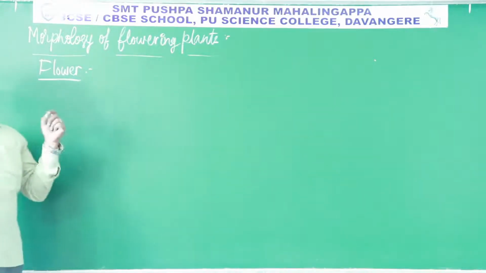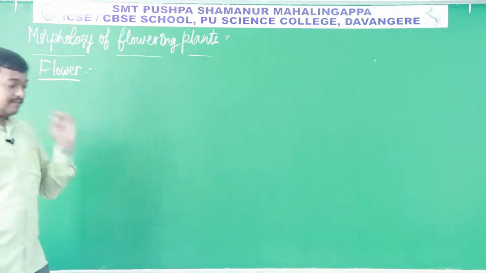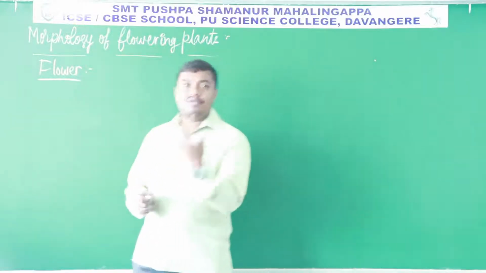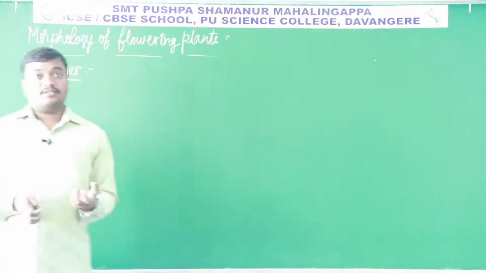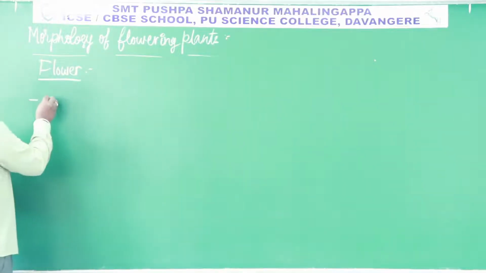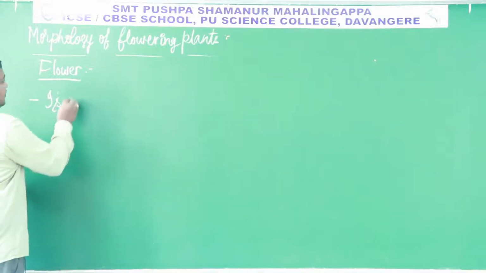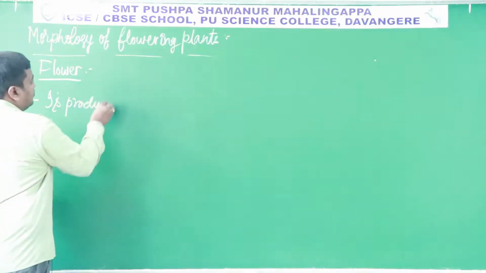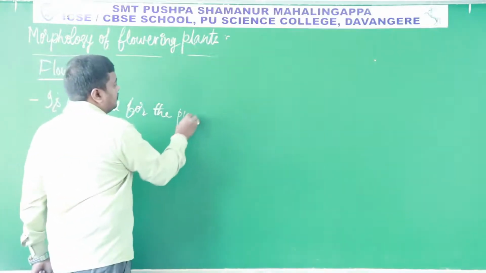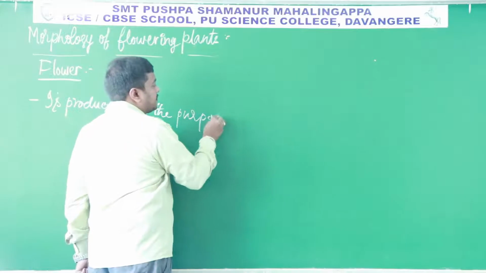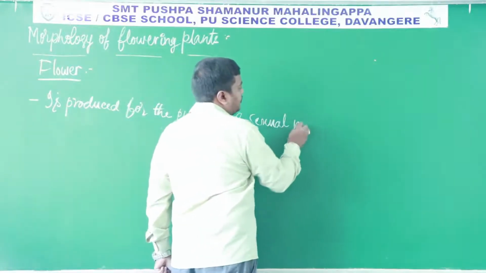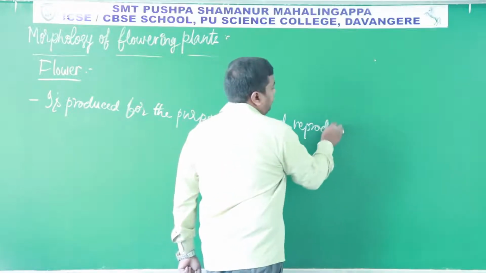Flower is a very fascinating structure which is produced in angiosperms exclusively for the purpose of reproduction, that is sexual reproduction. So flower is produced for the purpose of sexual reproduction.